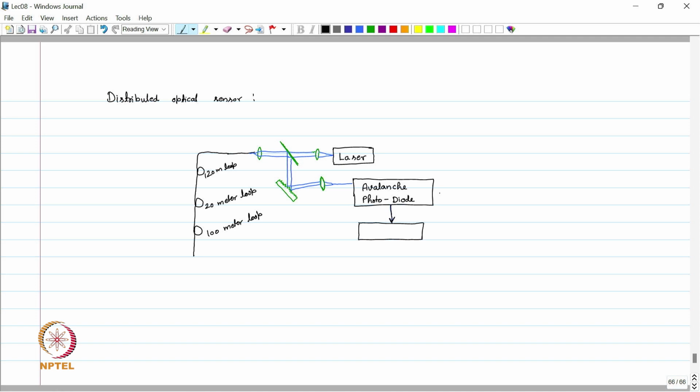So from this onward, all the signals are electrical in nature. So we have the amplifier, and then we have a certain processing unit, and then we have a display.